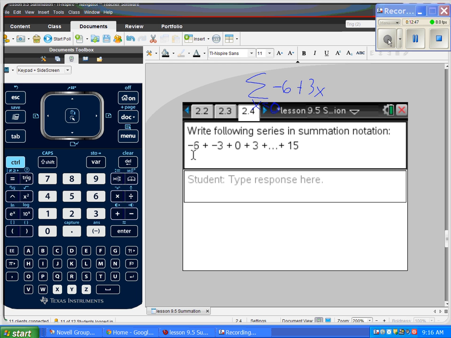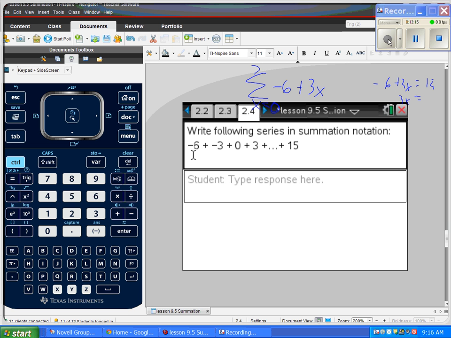Don't just guess, think about it. What we need to get that to be 15, right? You can think of it as an equation if you want to. If I plug in a 7... If you're really stuck on that one, you can just say, okay, -6 plus 3x, we want it to equal 15.